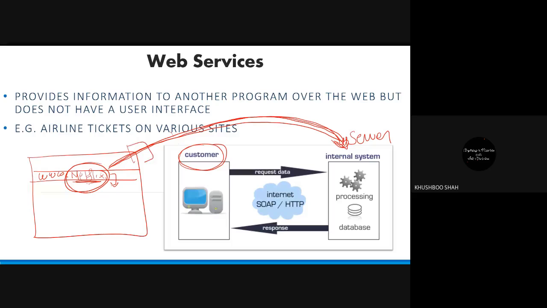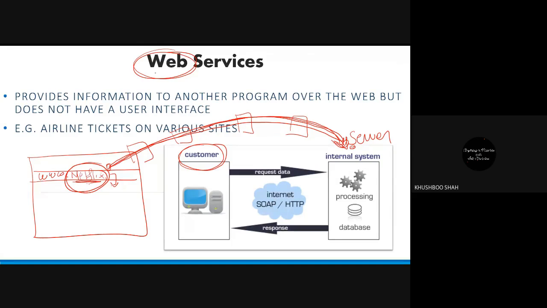In between, so many hops are there, so many routers, networks, and so many other things. To reach from this location to that location, this type of thing we call web services.